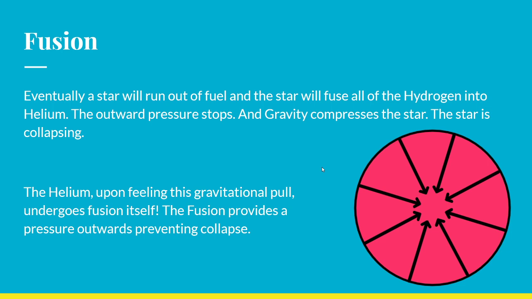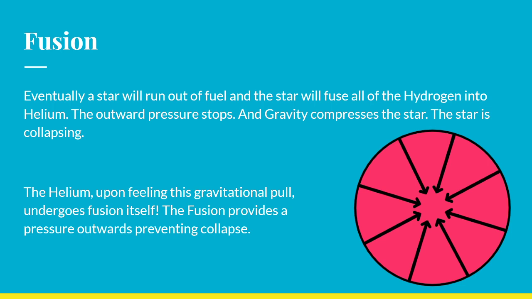And eventually, lots of that hydrogen, the majority of it anyway, will begin to run out. Once all of that hydrogen is fused into helium, the outward pressure of fusion begins to drop off and cease altogether. And then gravity will want to pull everything together. There's that much mass still there.